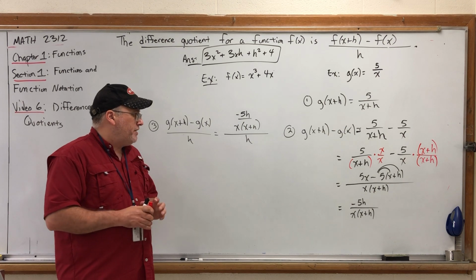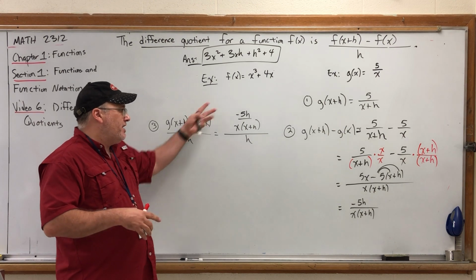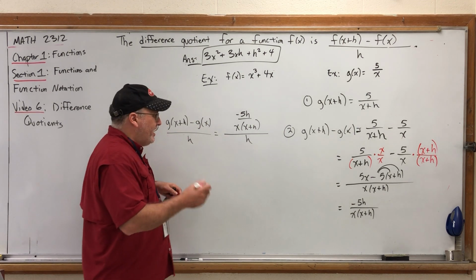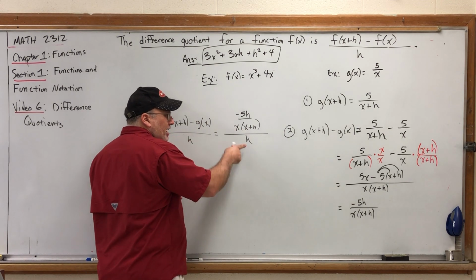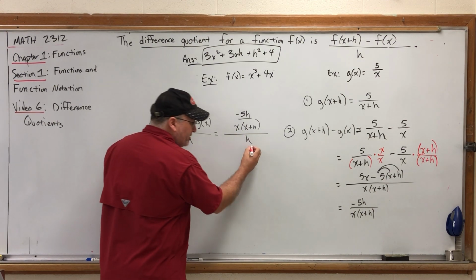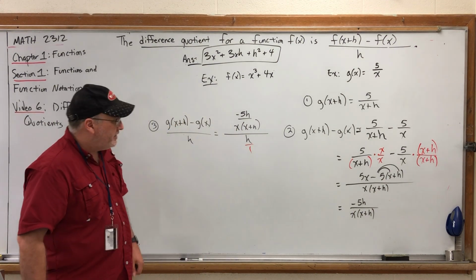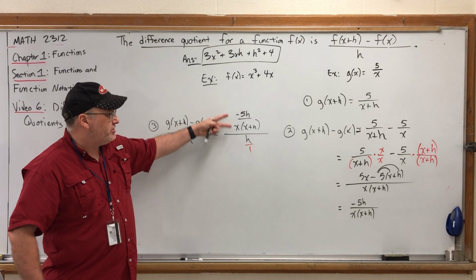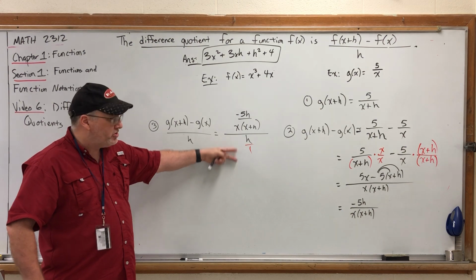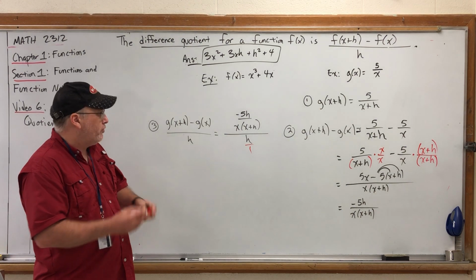There's a few ways out of it, but one way to get out of a complex fraction, especially when you only have one fraction on each side, such as this fraction on top and this fraction on the bottom. Oh, you don't see the fraction on the bottom? That's because it's over 1 now. The easiest way out of one fraction on top of another fraction is to think of it as a giant division problem.